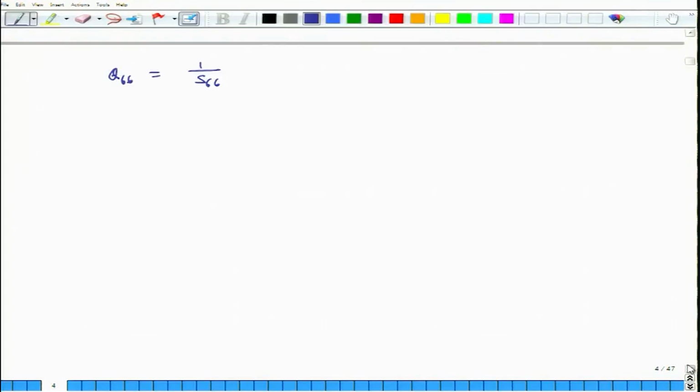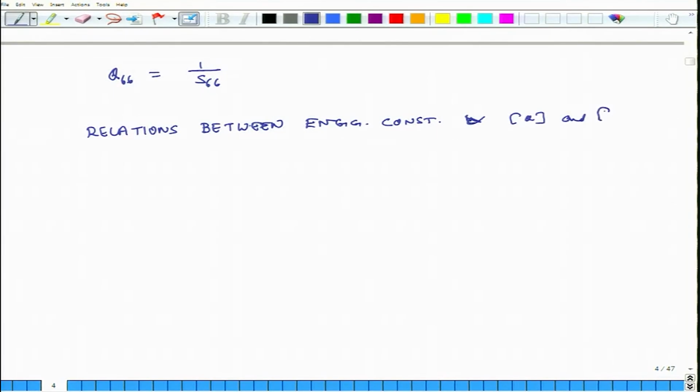Lastly, what we will do is we will look at the relations between engineering constants and Q and S.